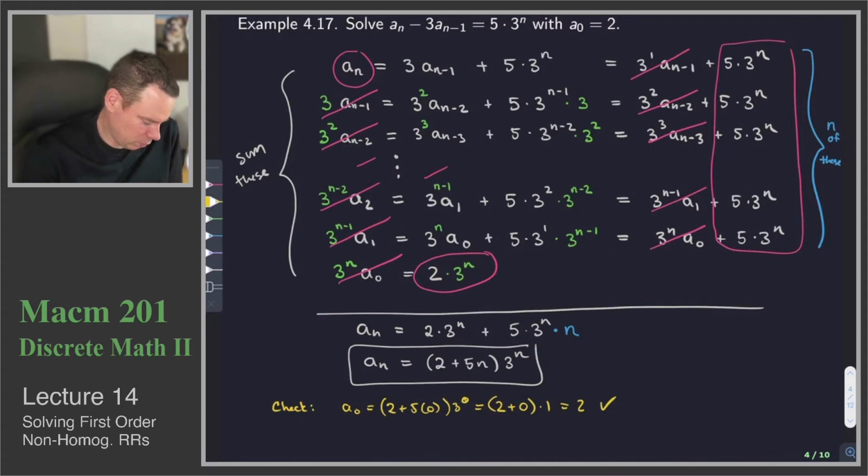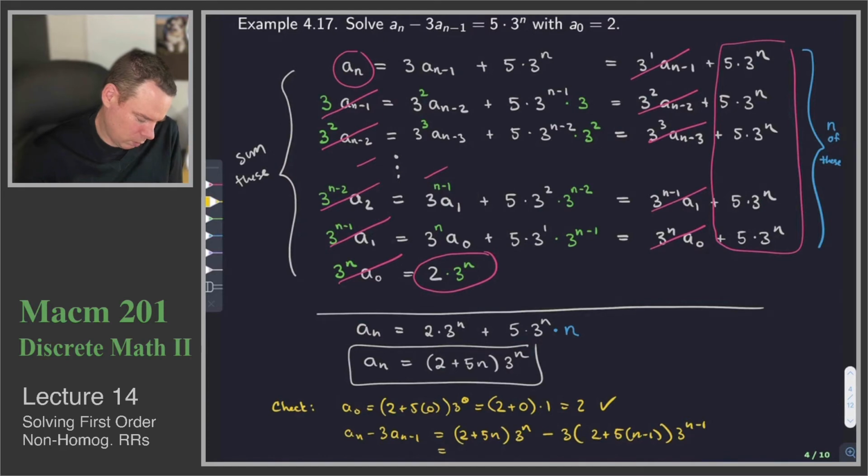Does it satisfy the recurrence relation? Let's check that too. So we want to plug it in. So we want to plug a_n and a_{n-1}, and see if we get 5 times 3 to the n. So we plug that in. That's a 2 plus 5n, 3 to the n, minus a 3 times 2 plus 5 times n minus 1, 3 to the n minus 1.